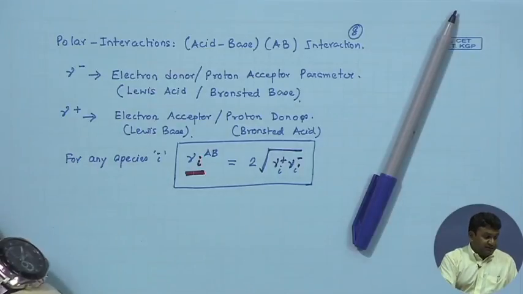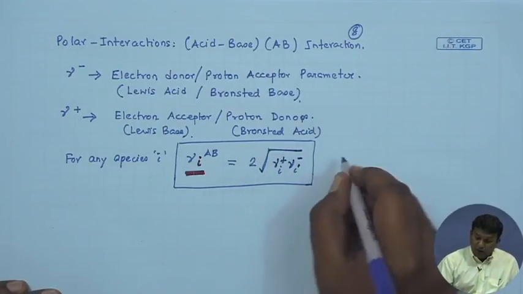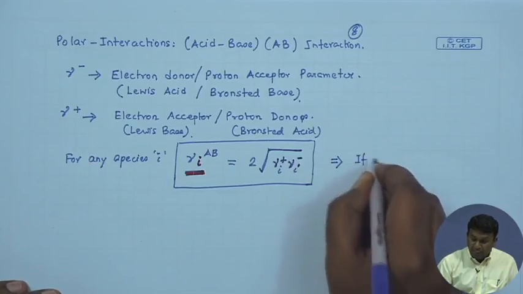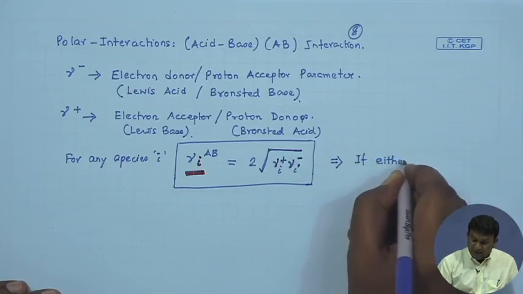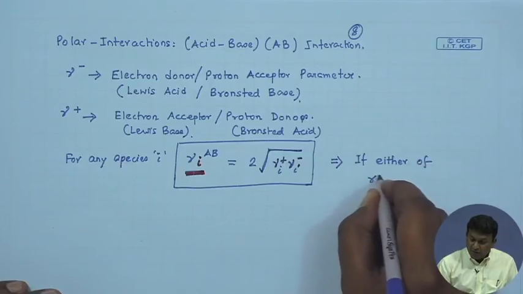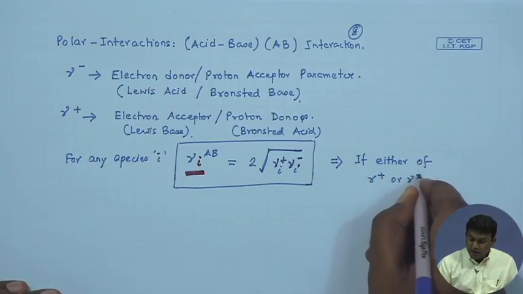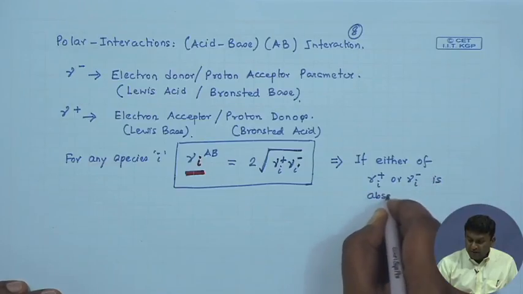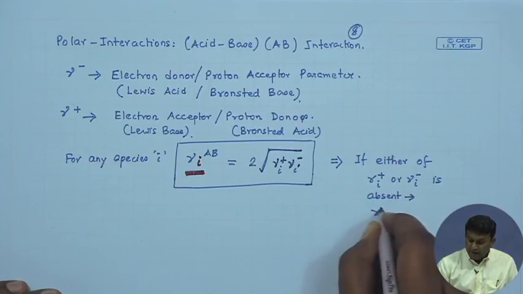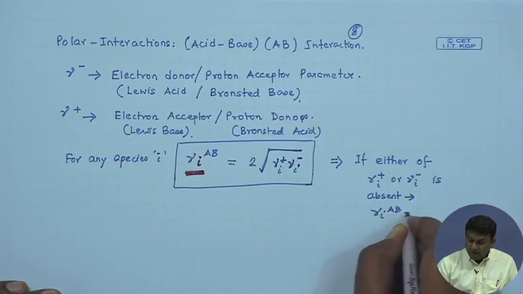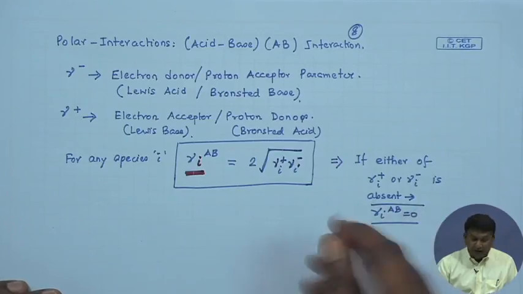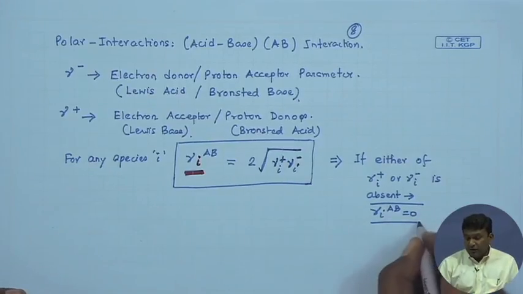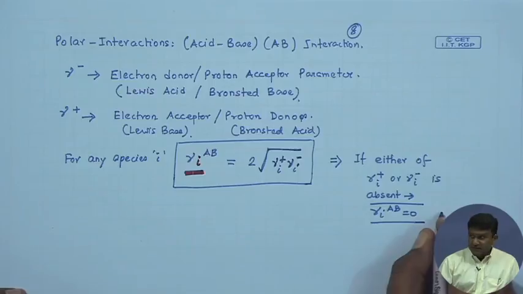What this relation also tells us is that if either of gamma plus or gamma minus is absent, then gamma i AB is 0. This is very interesting, and in the subsequent discussion we will see how this manifests in different settings.